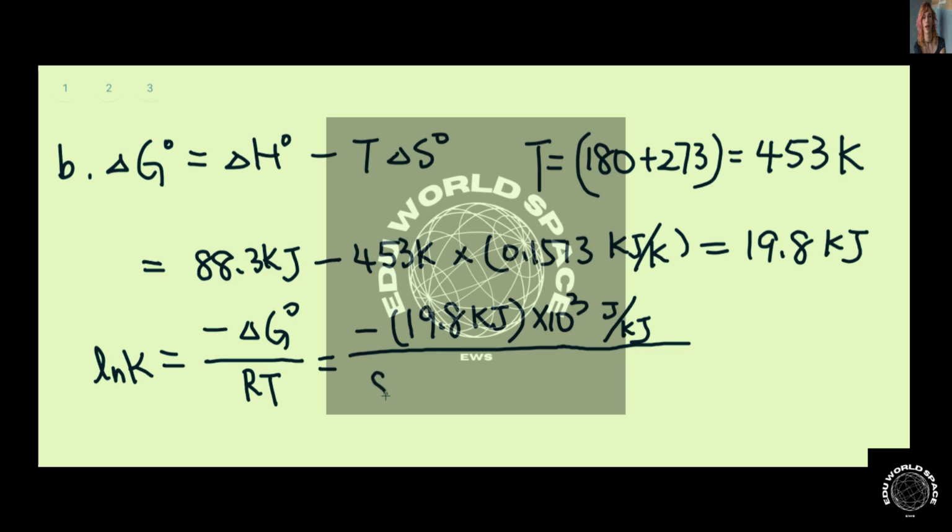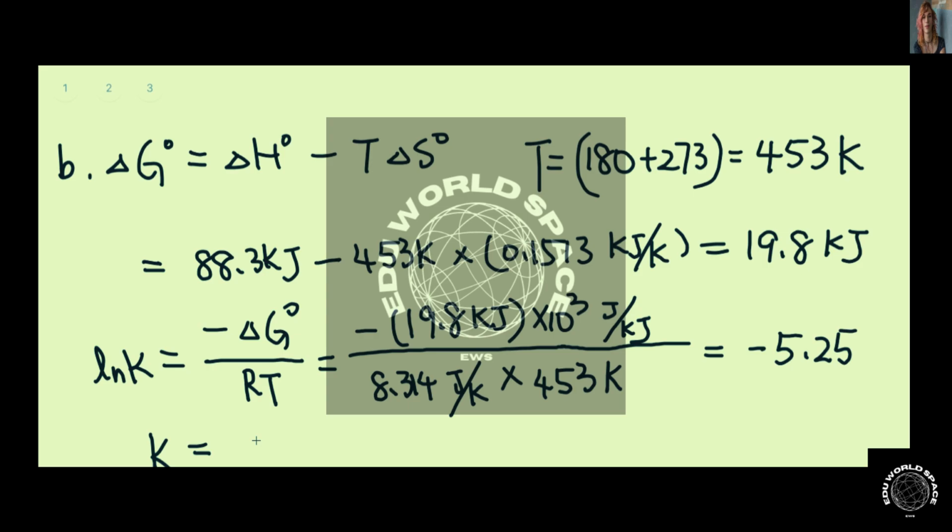And then R is equal to 8.314 joules per Kelvin times the temperature, which is 453 Kelvin. And you will get a number of negative 5.25. So this is the value of ln K. We need to solve for K. So if we solve for K, that is equal to the pressure of CO2, and the value will be 5.3 times 10 to the negative 3 atmospheres.